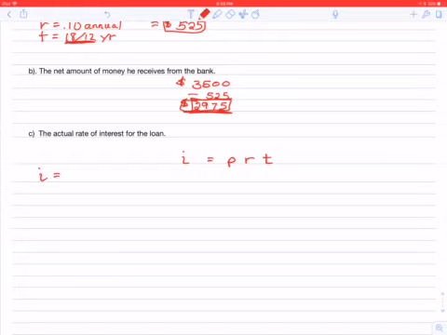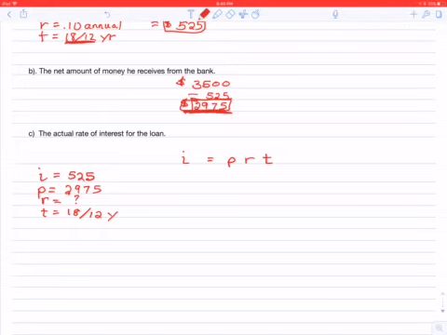The interest that he paid was $525. The principal, we want to find the interest on the amount of money that he actually got. So the principal would be $2,975. The rate we don't know, I'll leave that as a variable. And he used that money for 18 months or 18/12ths of a year.